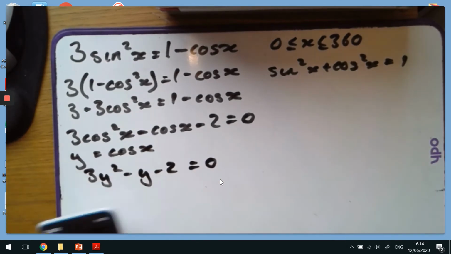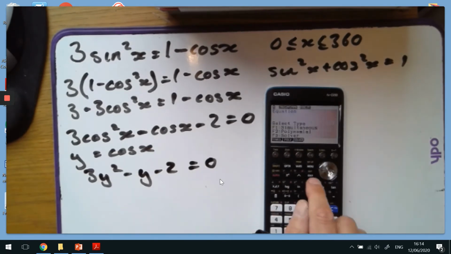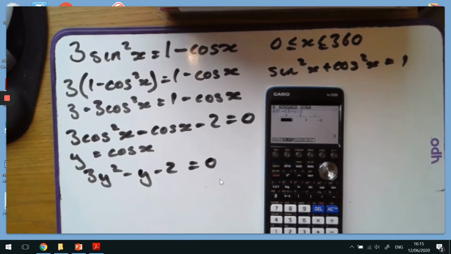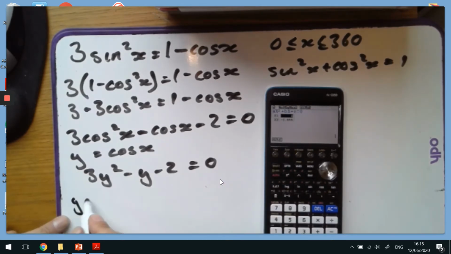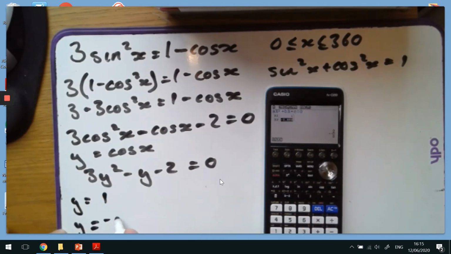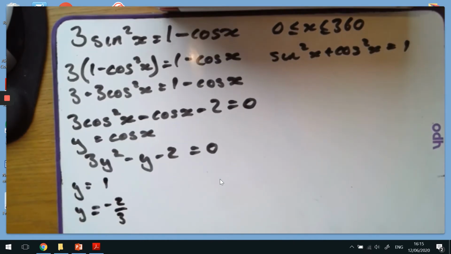I'm going to solve that using my polynomial function. And I have y equals 1 and y equals minus 2 over 3. Okay, so we're nearly there.